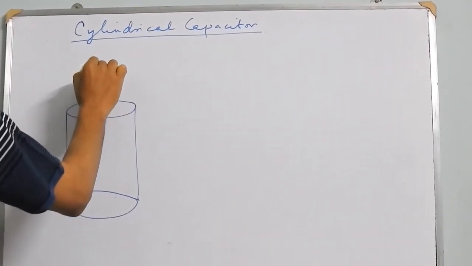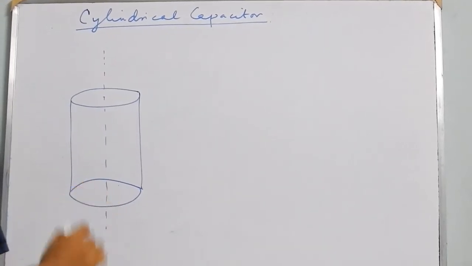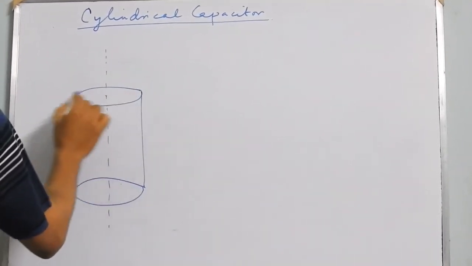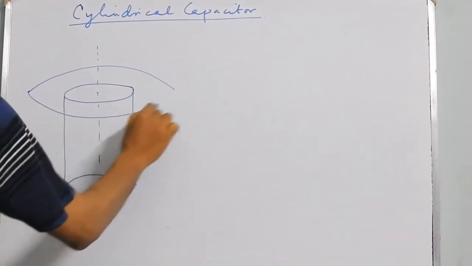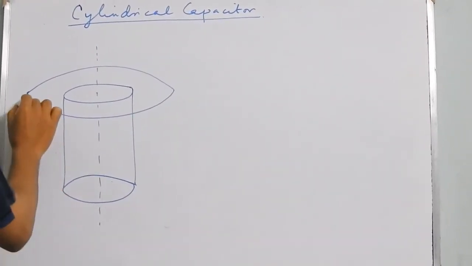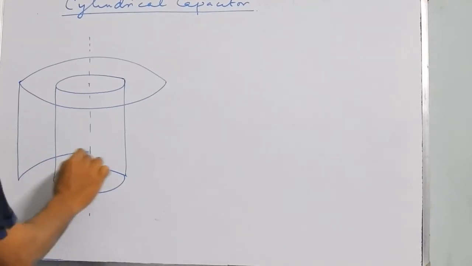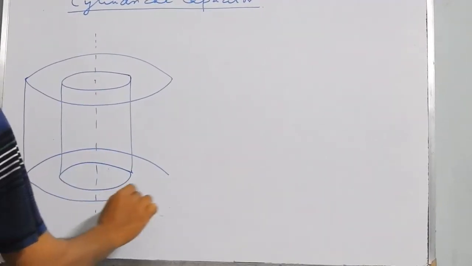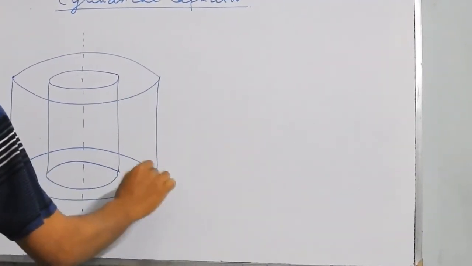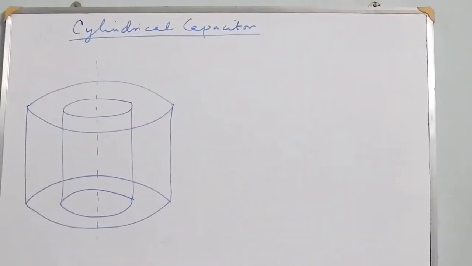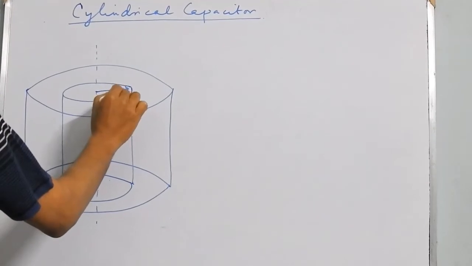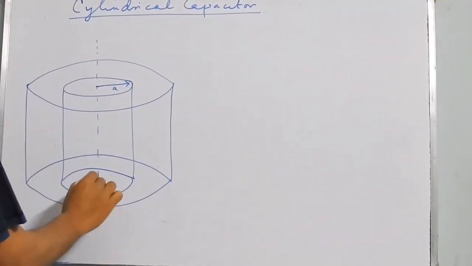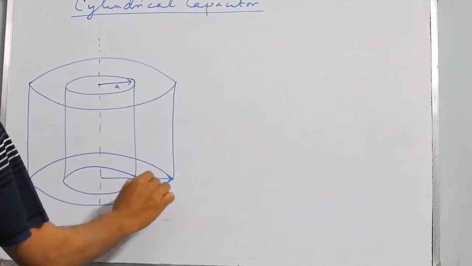So with respect to the same axis, we will have a coaxial cylindrical shell. The inner cylinder is of radius a and the outer cylinder is of radius b.